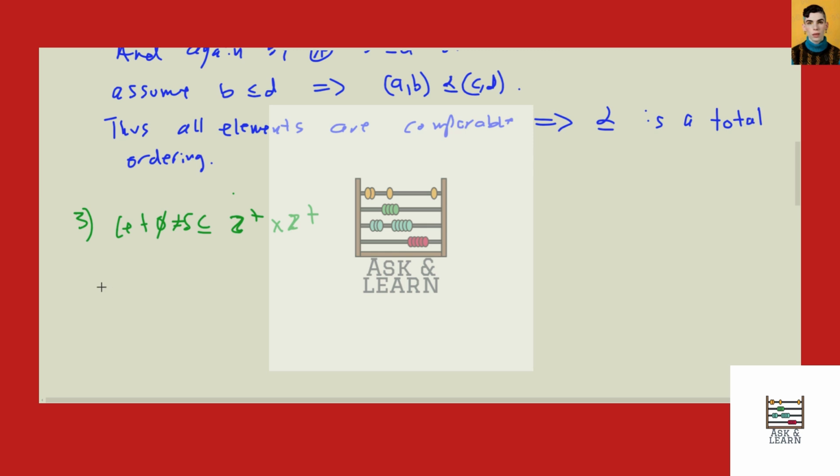So we're going to now define a set A equal to all the points x, y, such that x is less than or equal to z for all z of the point (z, a), and (z, a) is an element of S.